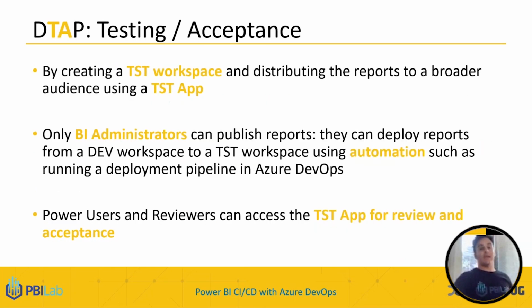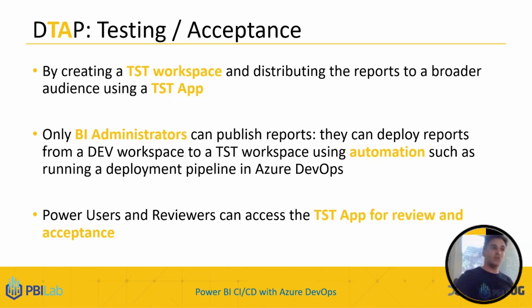Then in testing and acceptance, I'm not setting up only a workspace, I'm also creating an app. Why? Because I'm not giving contribution permission to my developers and reviewers, but only viewing permission through the app, because they just need to review if the report performs as it did in dev.